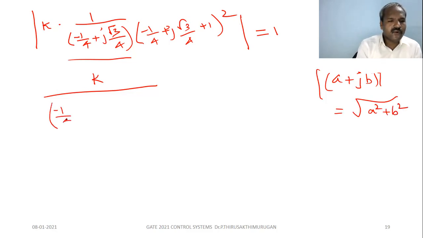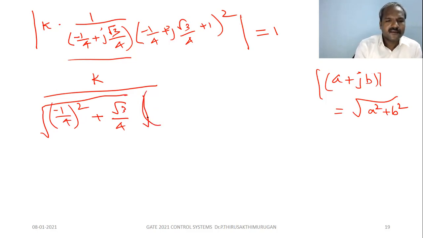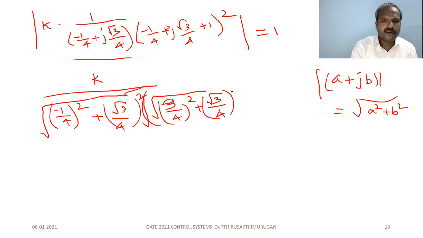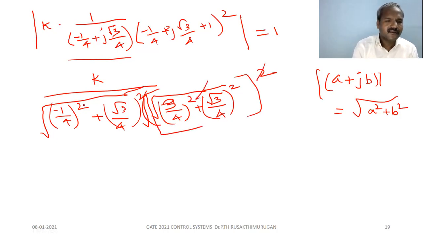So it is minus 1 by 4 the whole square plus root 3 by 4 the whole square, into minus 1 by 4 plus 1, that is 3 by 4, the whole square plus root 3 by 4 the whole square. So the square and root cancel.